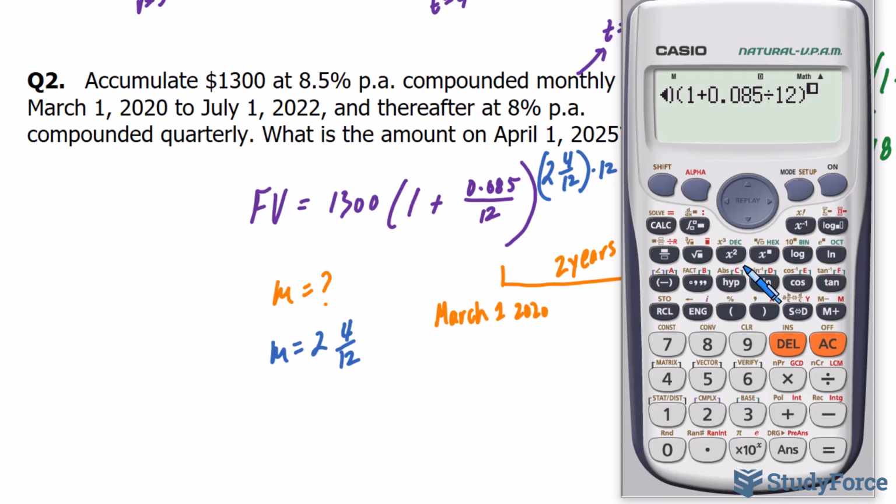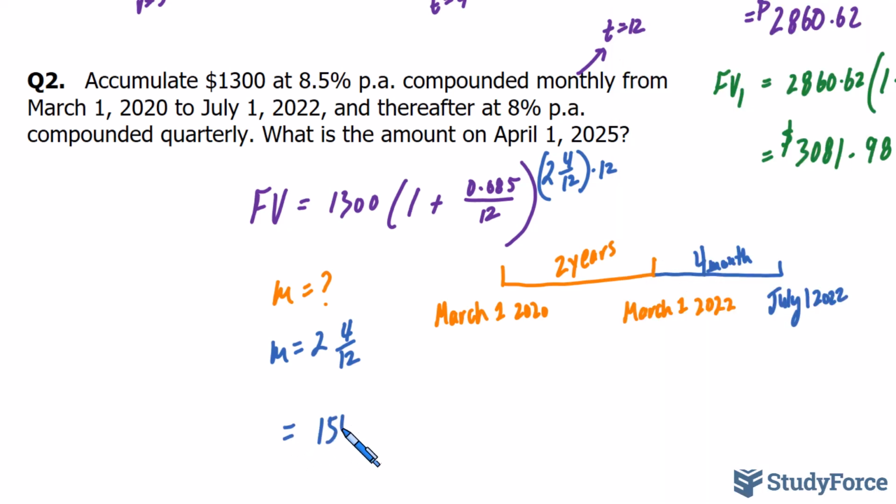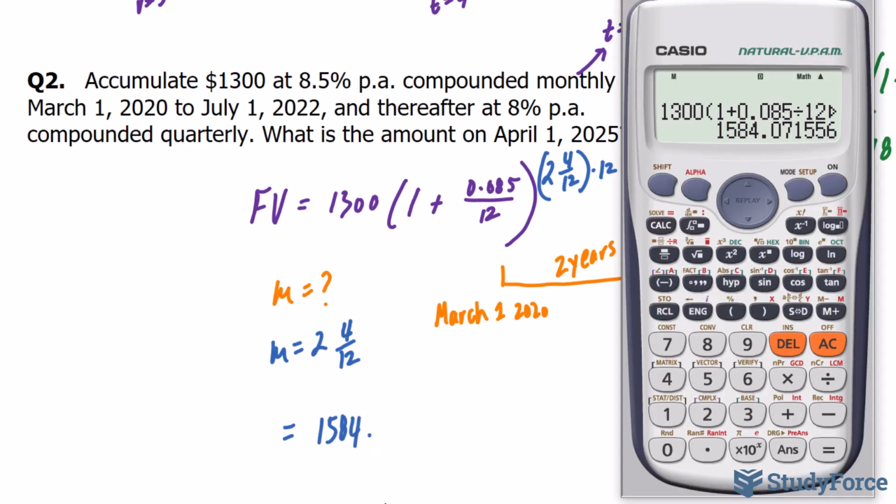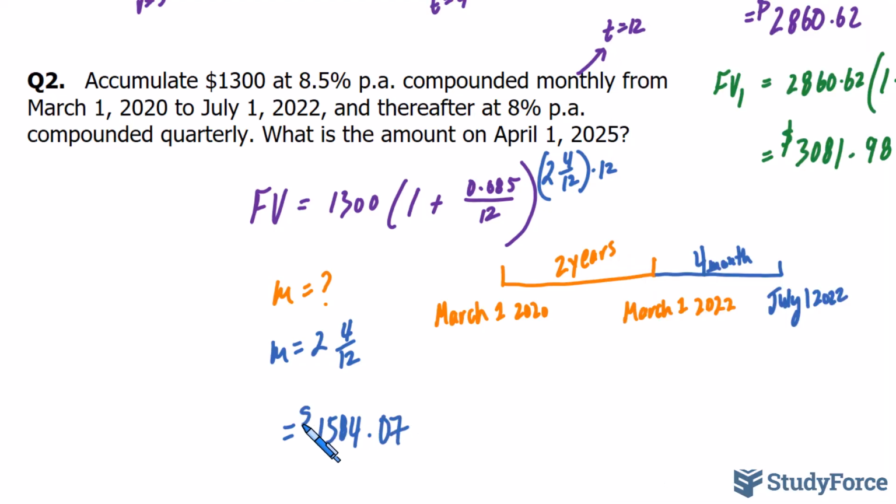You can change that into an improper fraction by hand and then substitute it into the calculator, or you can use this special feature on this calculator and actually type in 2 and 4 over 12. So I typed in a mixed fraction, and then I multiply that by 12. And this gives me a future value after 2 years and 4 months of 1584.07.